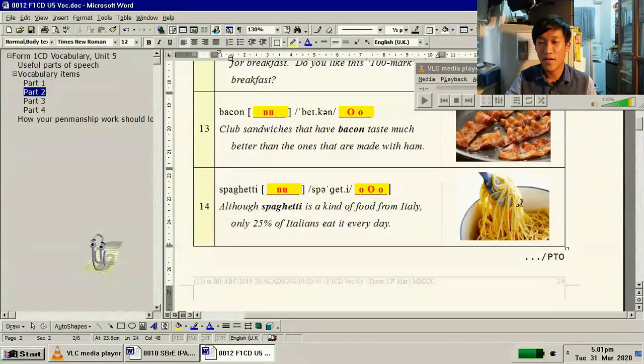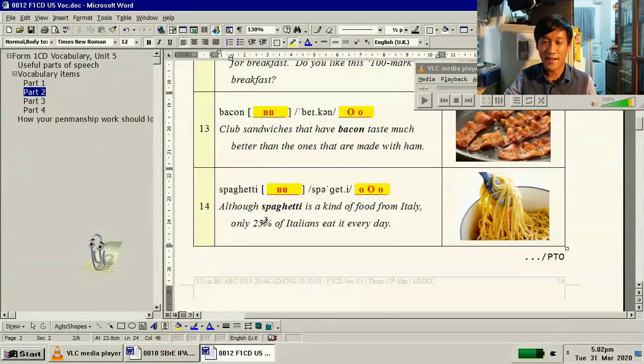This thing is something like noodles. It's from Italy, but only 25% of Italians eat it every day. I searched on the internet and found this out. I thought maybe the Italian people all eat this kind of food every day. Only 25%. Wow.